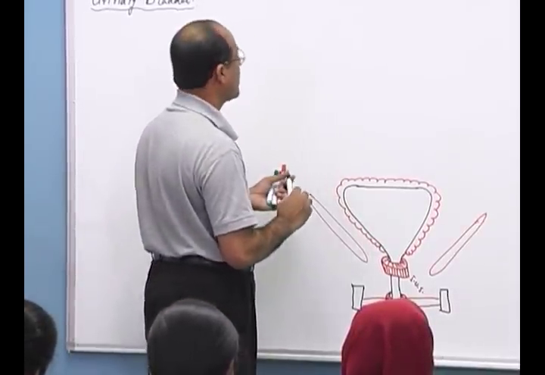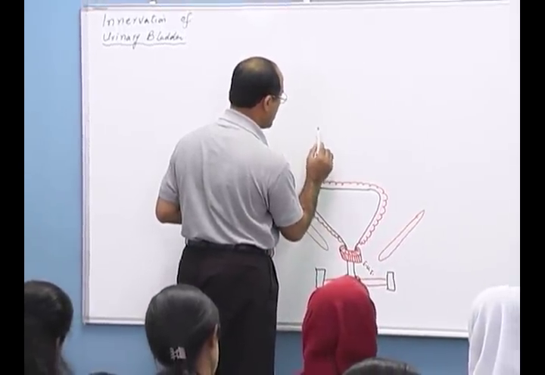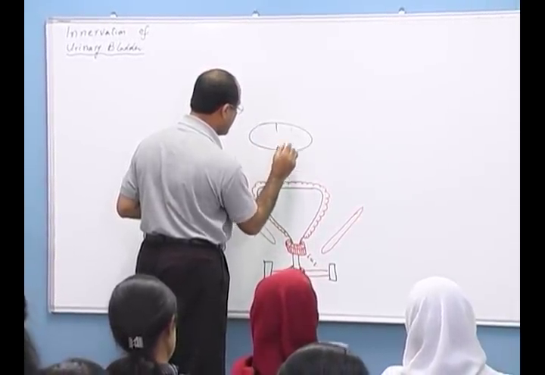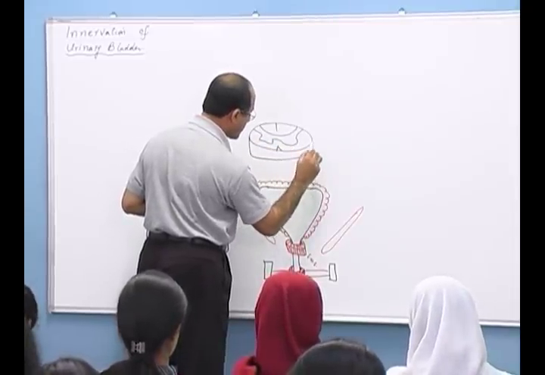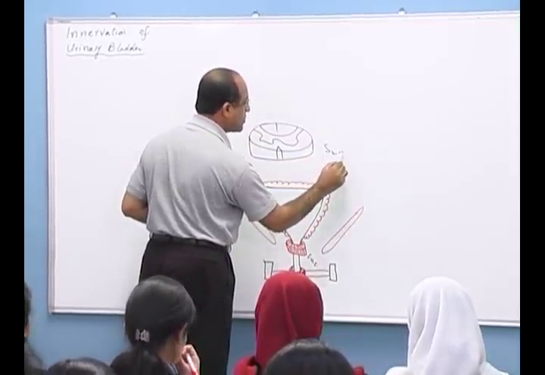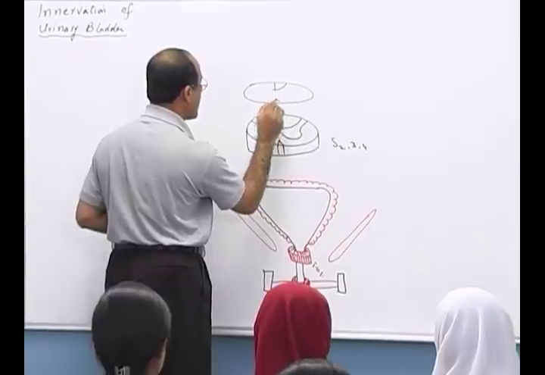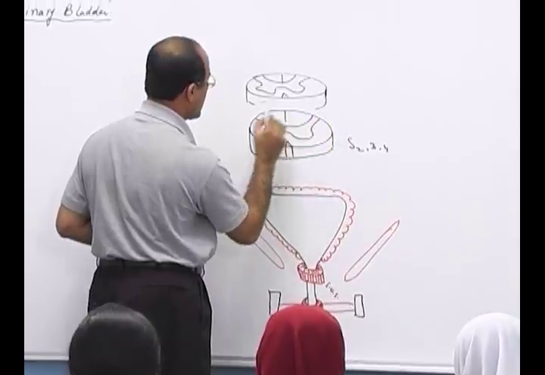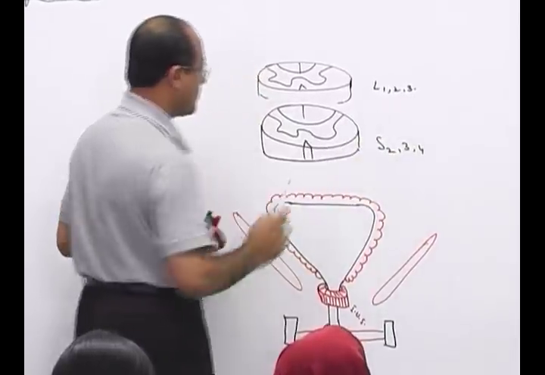Now let's draw the spinal cord here and let's talk about the different levels of spinal cord. Let's suppose this is sacral area, suppose as 2, 3, 4, and another segment I represent here, and this is lower lumbar area. Suppose L1, 2, 3, right?